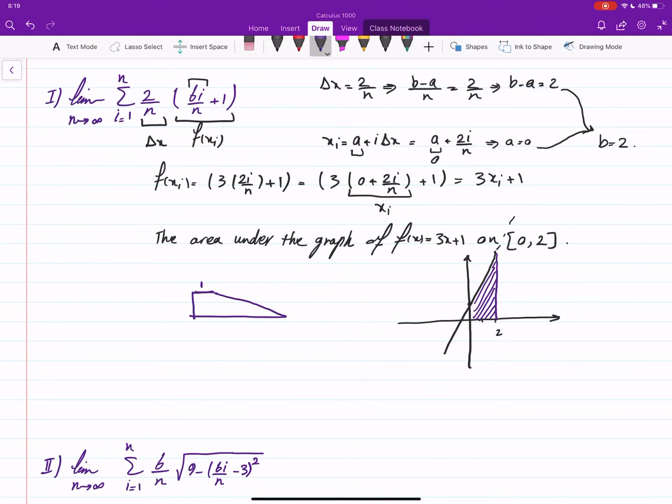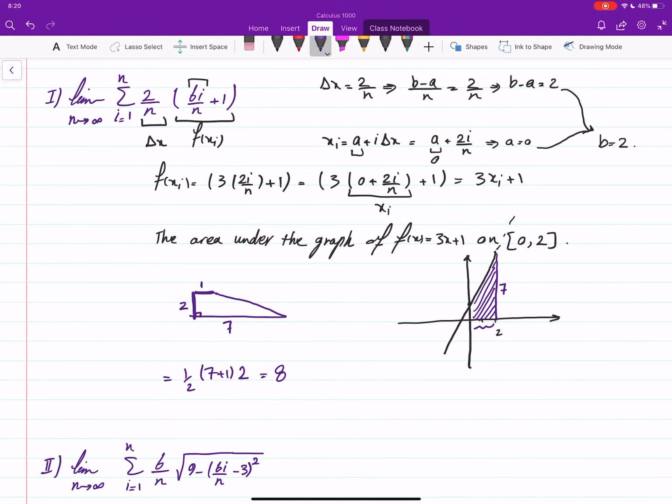Here is 1. When you plug in 2 there, this will be 7. So this is 7. Here is 2. I'm using the right trapezoid area here, so that the area is going to be equal to half of 7 plus 1 times 2, which is 8.